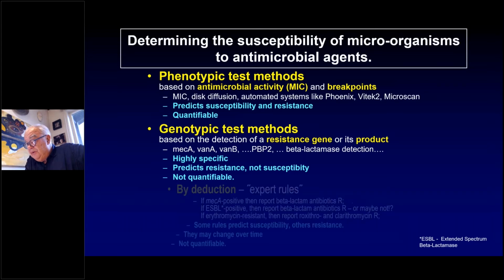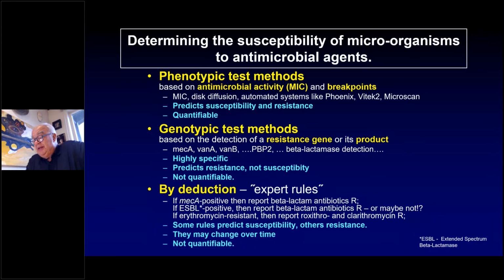The third method, which is often used, is susceptibility testing by deduction, or if you like, expert rules. We talk about intrinsic resistance, where we say we don't need to test. We know that this bug is always considered resistant to this antibiotic.